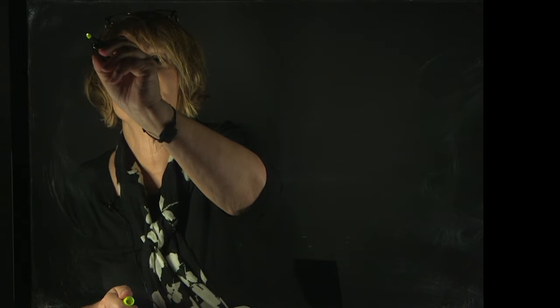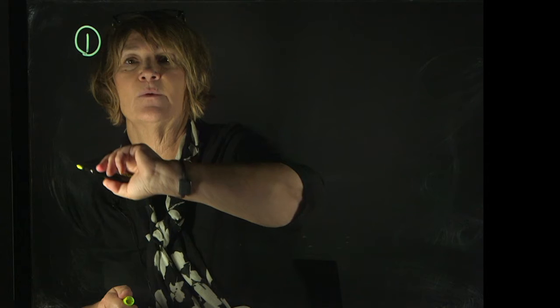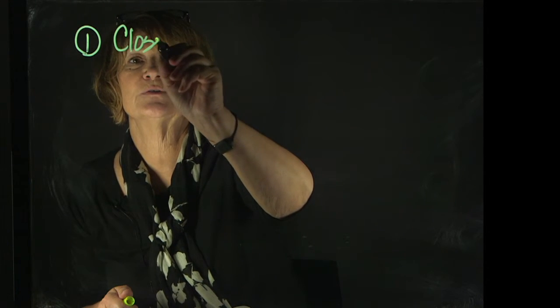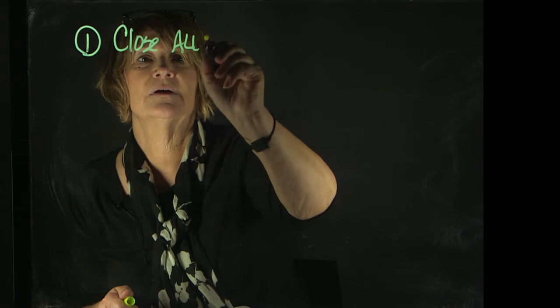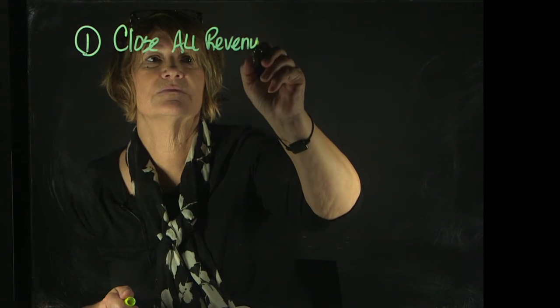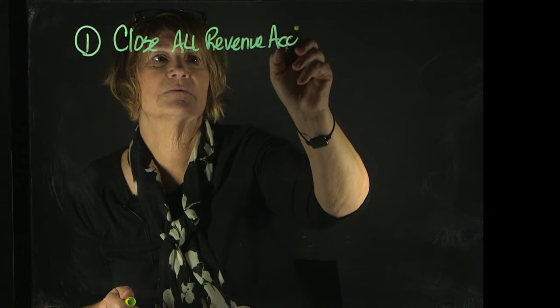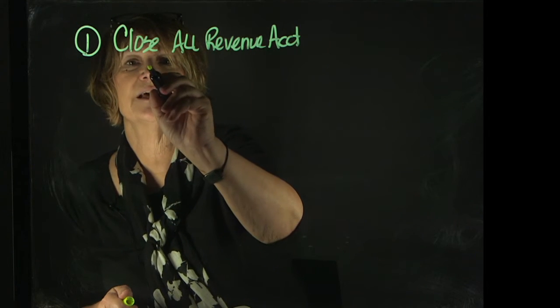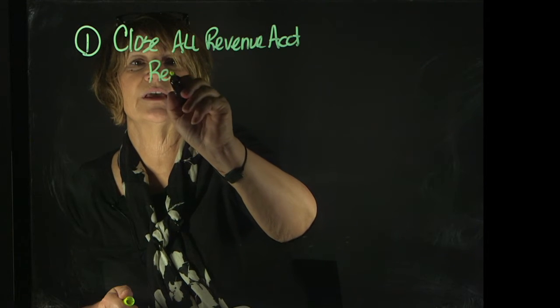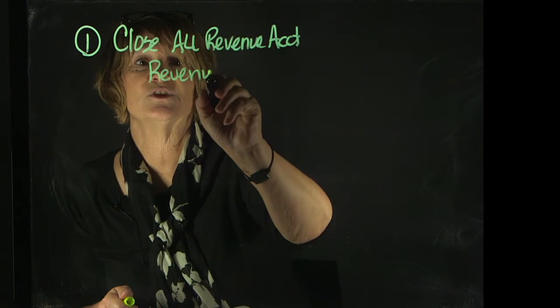Okay, so let's go ahead and take a look at the actual closing entries and what they look like. So the first entry that we're going to make in the closing process is we are going to close all revenue accounts. Okay. And what that looks like is we're going to debit the revenue accounts. So if it's interest, you would debit that.